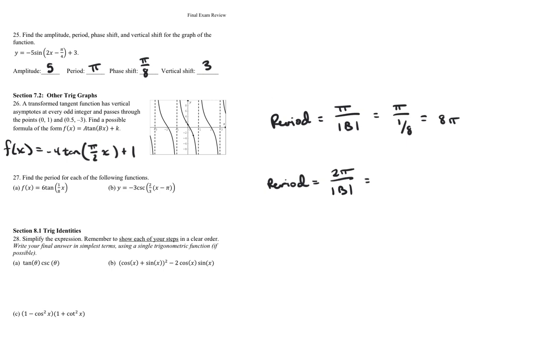And I can say that my period is 2 pi over 2/3, which just simplifies down to 6 pi over 2, or 3 pi. So the period for part B is 3 pi.